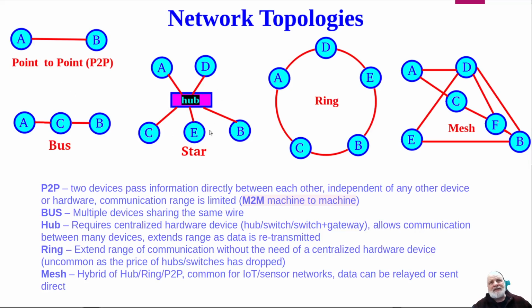However, if we have a star kind of hookup with a switch or a hub in between here, then what the hub will do is it'll do the crossover for us. And so when you're hooking into a hub, which 99% of the time you do, you actually want a straight through, because you have a straight through from A to the hub and a straight through from the hub to B, and the hub itself kind of handles the crossover of the transmit and receive wires.